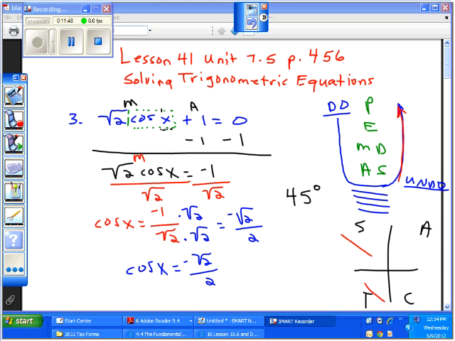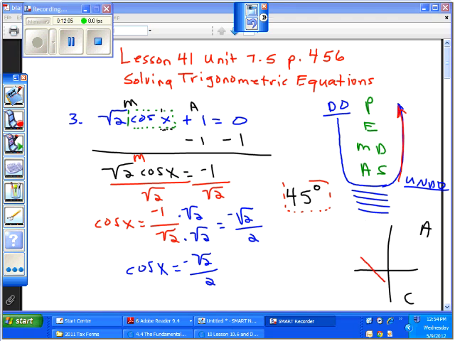Quadrants 2 and 3. Cosine is positive in quadrants 1 and 4. So we need the reference angle for 45 in quadrant 2 and in quadrant 3, right?